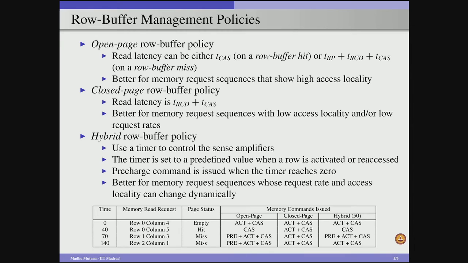Now initially we assume that the page is empty, and when I issue the first request, which is to row 0 and column 4, in the case of open page policy, I have to issue an ACT command and a CAS command, because the state of the page is empty. I start with an ACT command to activate a row and store the data onto the sense amplifiers, so the row buffer now has data associated with row 0, and then we apply a CAS command to read the data from column 4 stored in this open row buffer.